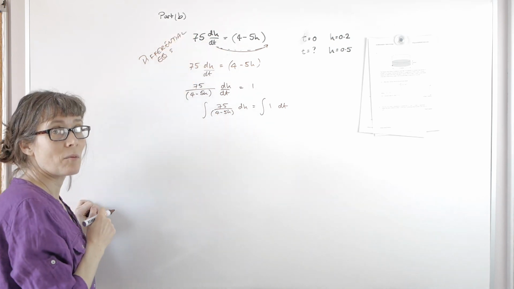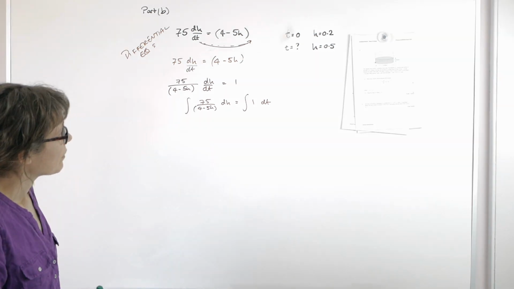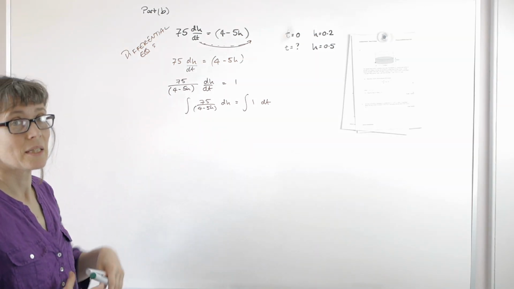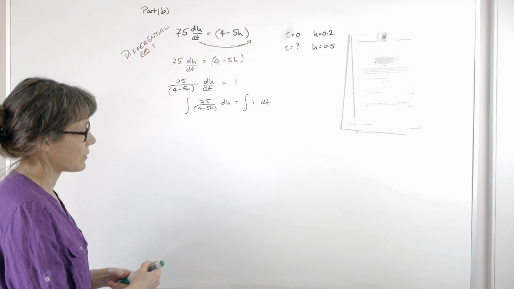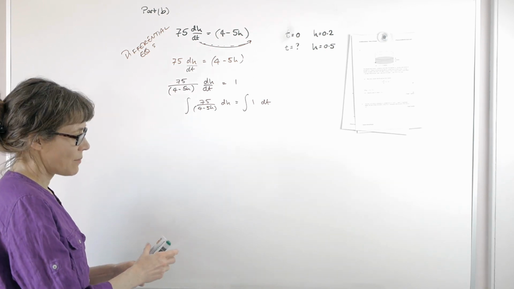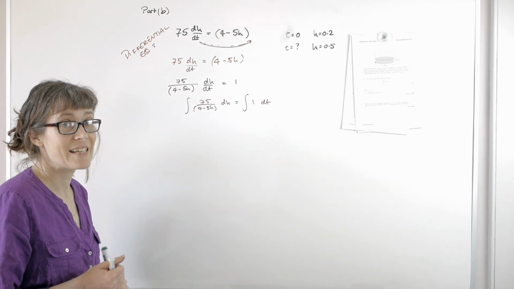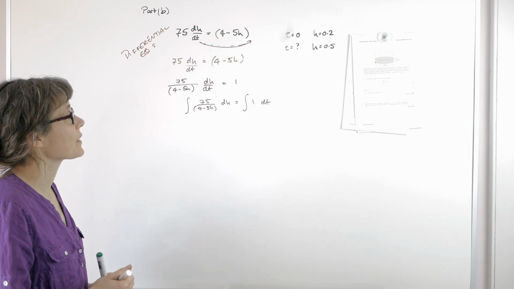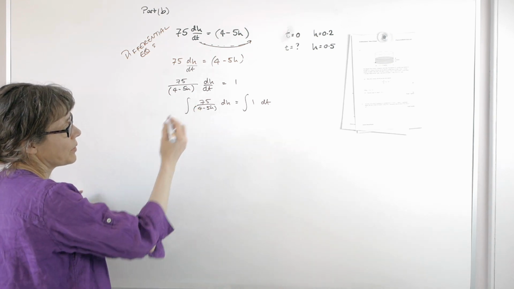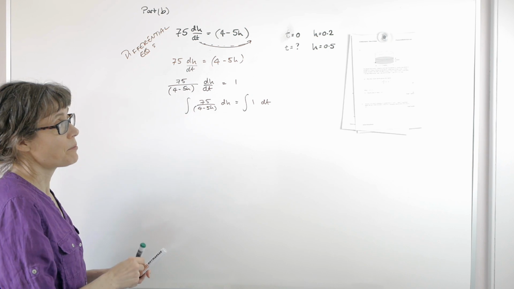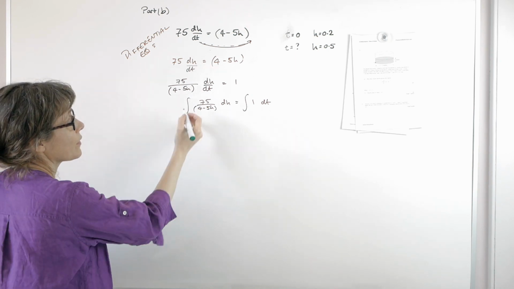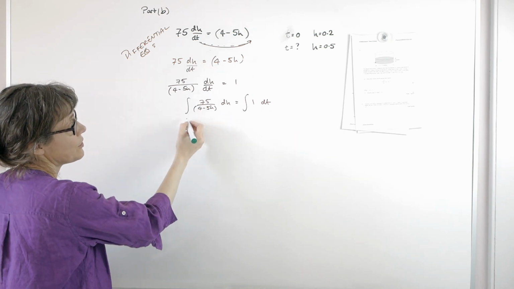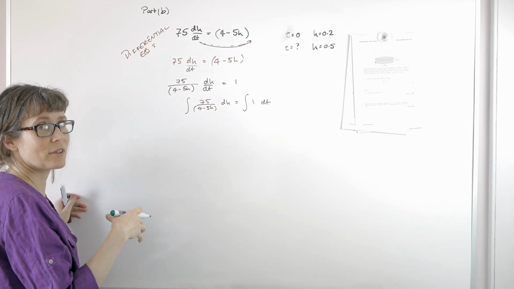If you need to look that up, that's what we're doing. Okay, so we've split the h dt, we've got our integrals there. I'm going to treat this as an indefinite integral. But what you could do, if you're happy to do so, you can put in your values of h and do this as definite integrals.